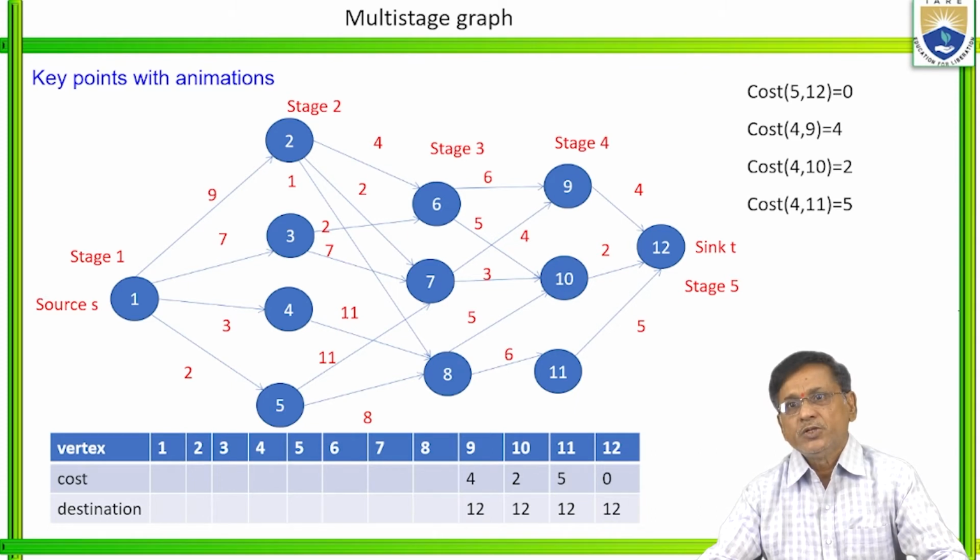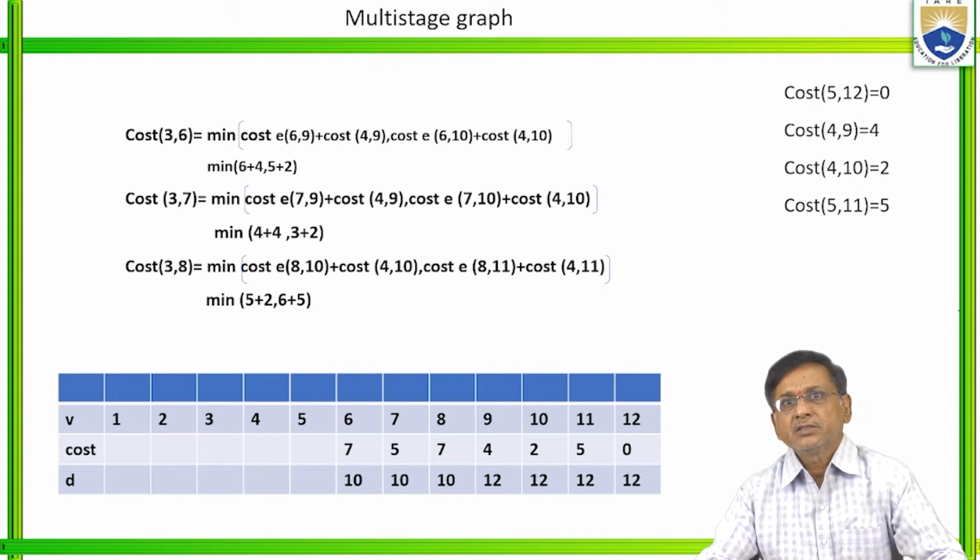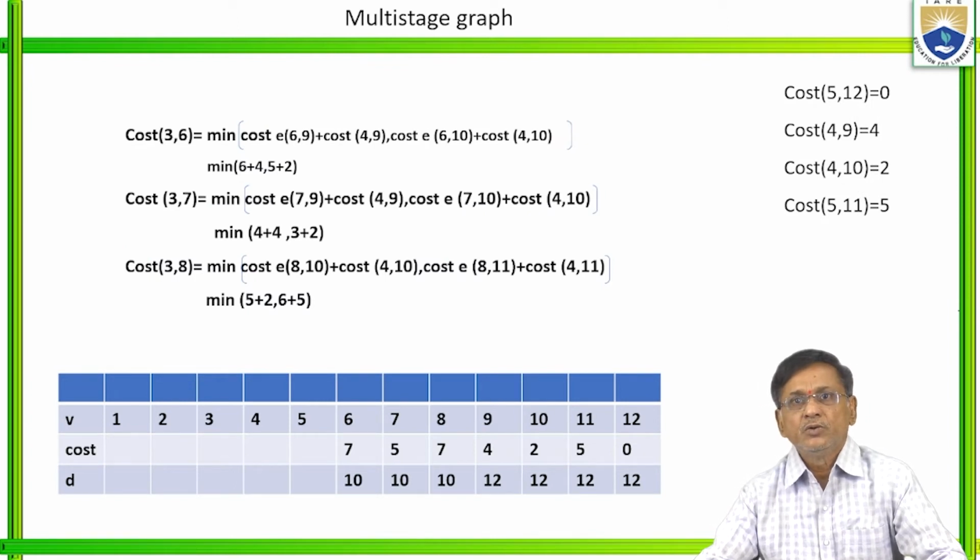In the two values we have to select the minimum. So in the first case 8 to 10 is 5 and cost of vertex 10 in stage 4 is 2. That means 5 plus 2, that is corresponding to the path 8 to 10. Path 8 to 10 is equal to 5 plus 2, that is 7. Next we have to find out the cost of an edge 8 to 11 plus cost of vertex 11.